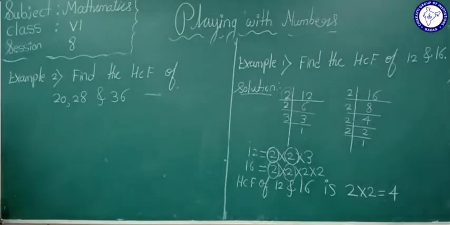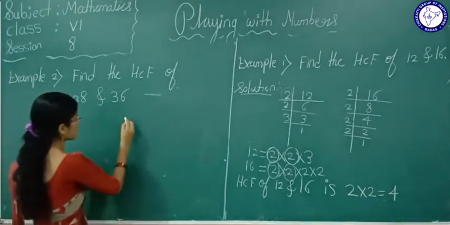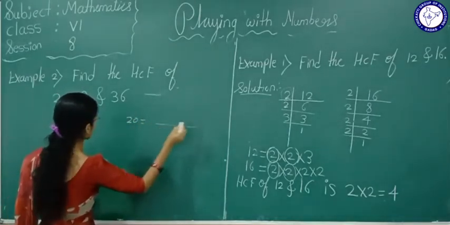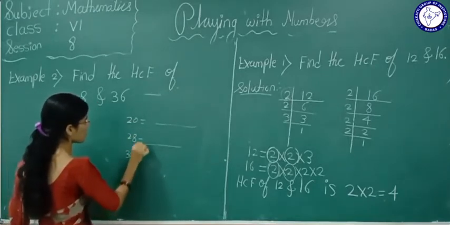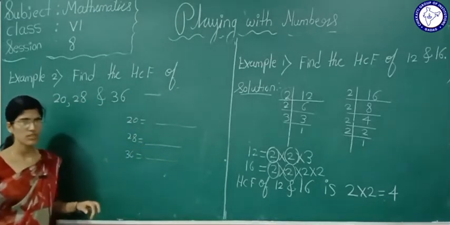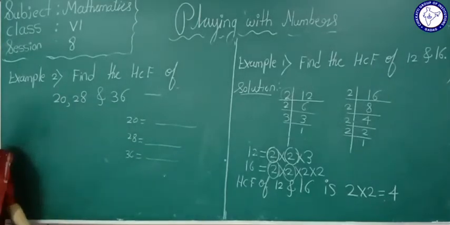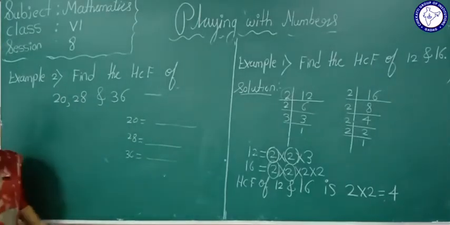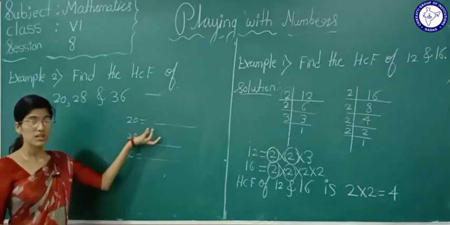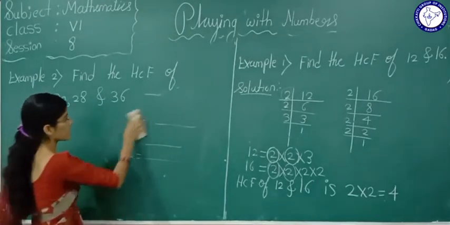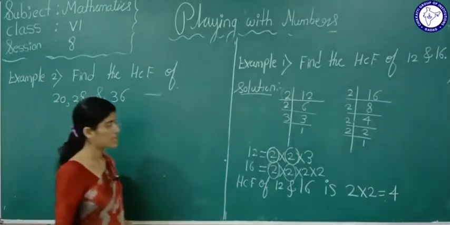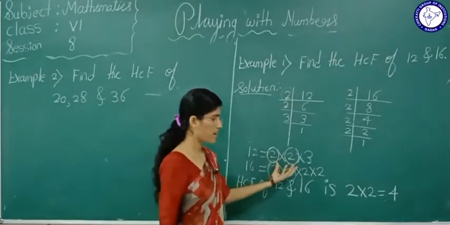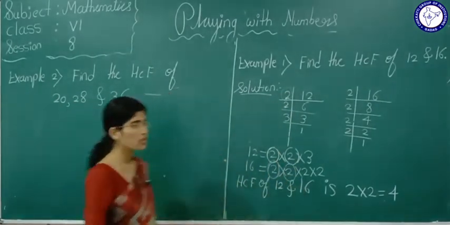Now see here students, instead of writing all factors of 20, all factors of 28, all factors of 36, a better thing is to do the prime factorization, right? Here we will miss some factors. Better to do the prime factorization, the method I told. So do the prime factorization. Okay, now see a solution.